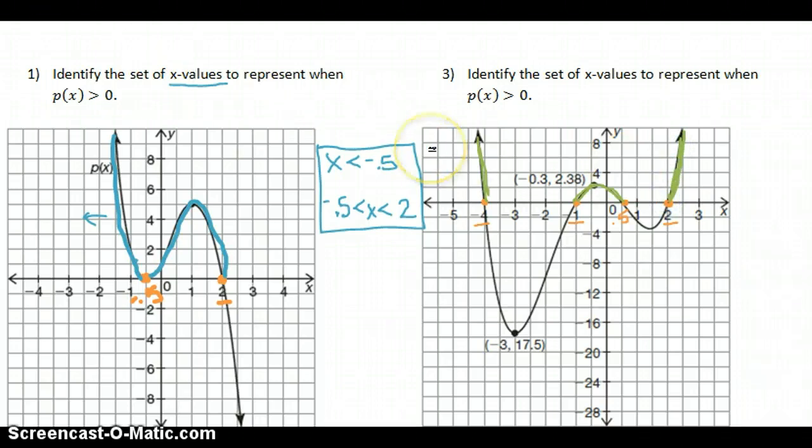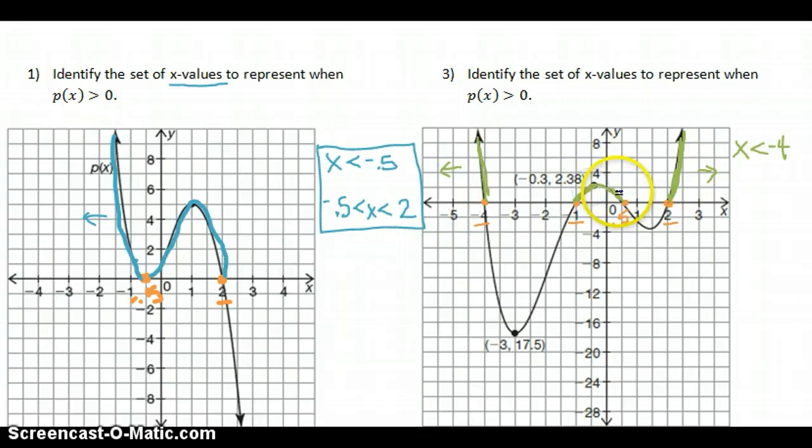Just like we wrote our interval notation, we recognize that the graph continues to go to the left on this side, and the graph continues to go to the right on that side. When we write our interval notation, if I'm referring to this first section on the left, all of my x values are less than that negative 4. The x values will continue to get less than. So that's why we have x being less than negative 4.